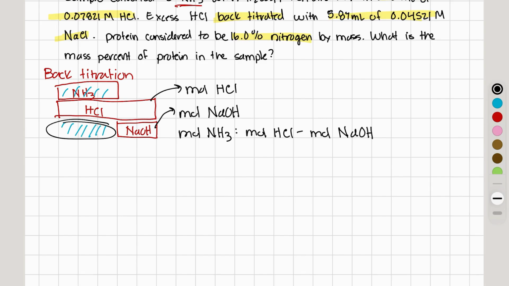Then, if we were to break apart NH3, you would see that for every 3 hydrogens, we have 1 nitrogen. So for every 1 mole of NH3, we have 1 mole of nitrogen. And at the end of the day, we are thinking that protein is 16% nitrogen by mass. So when we find the amount of nitrogen we have, we can then determine the amount of protein we have.